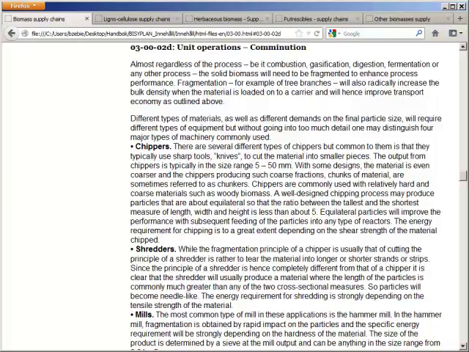Actually, the very best is if fragmentation can be delayed all the way until the material is fed into the conveyor belt or into the screw that is feeding the day hopper, just prior to the boiler or gasifier or pyrolyzer or whatever reactor you have.